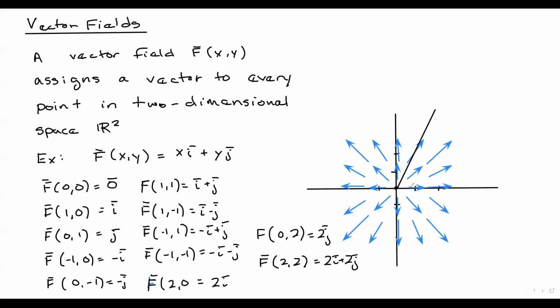If you're a particle sitting near that origin, you'd end up flowing in this direction, away from the origin. So if you start off near the origin, you move faster and faster as you move away.